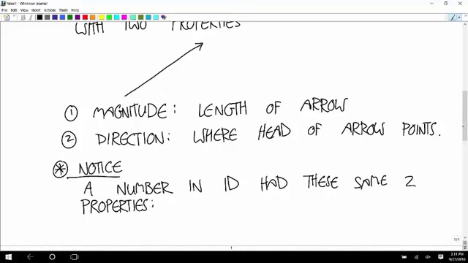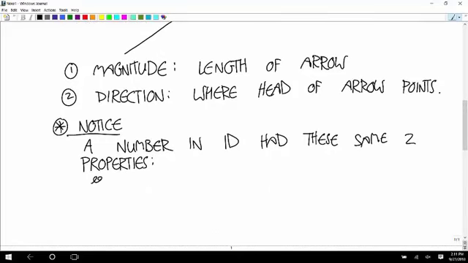So for example, if you have a velocity of -6 meters per second, yes. Well, no, it's not a ray because the length of the arrow matters.